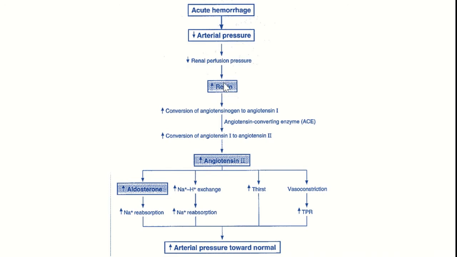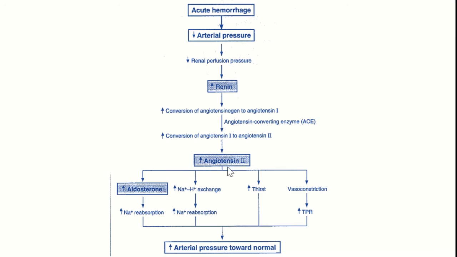Renin is released from the kidneys, and it leads to the conversion of angiotensinogen to angiotensin I. This is converted into angiotensin II inside the lungs by angiotensin converting enzyme. Whenever the levels of angiotensin II increase in the body, it is going to exert the following effects.